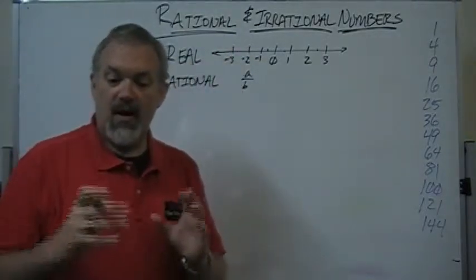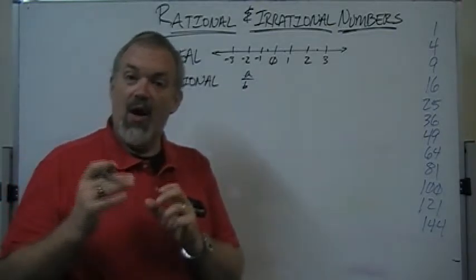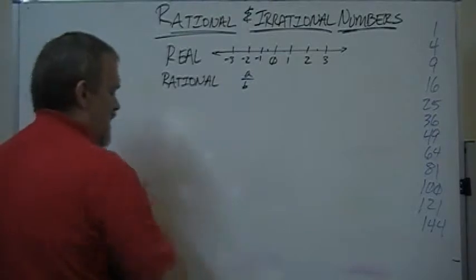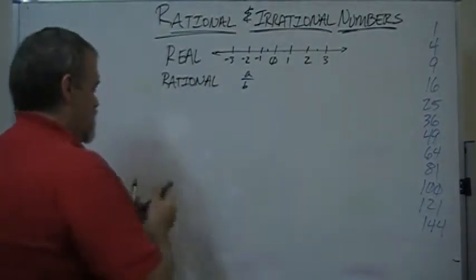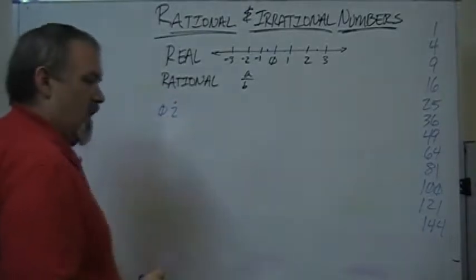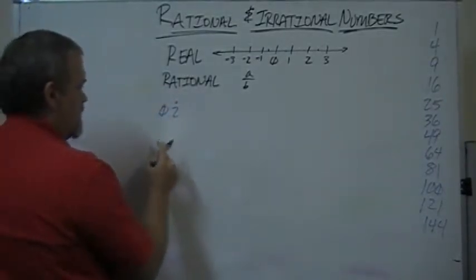Whenever we talk about converting fractions to decimals, you probably already know how to do that. Repeating decimals are sort of the special ones. So if we had something like, for example, 0.2 repeater, and we want to convert that into a fraction, then we have to start this way.